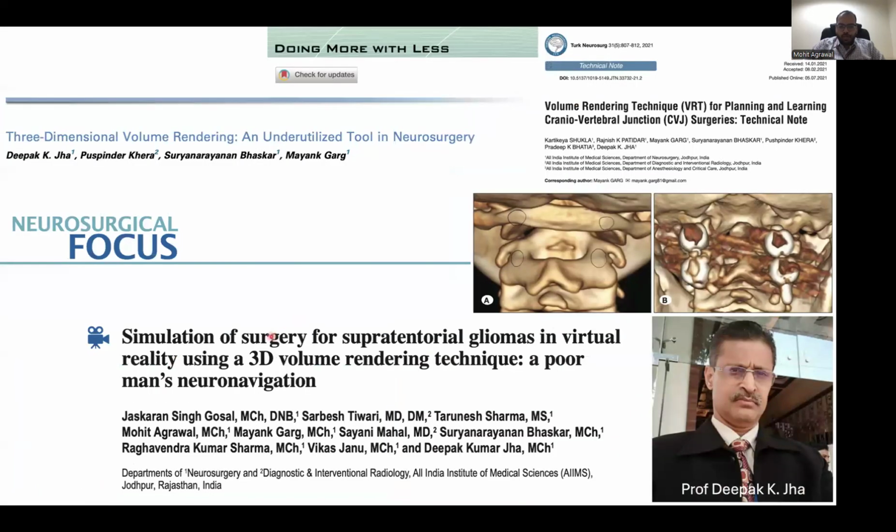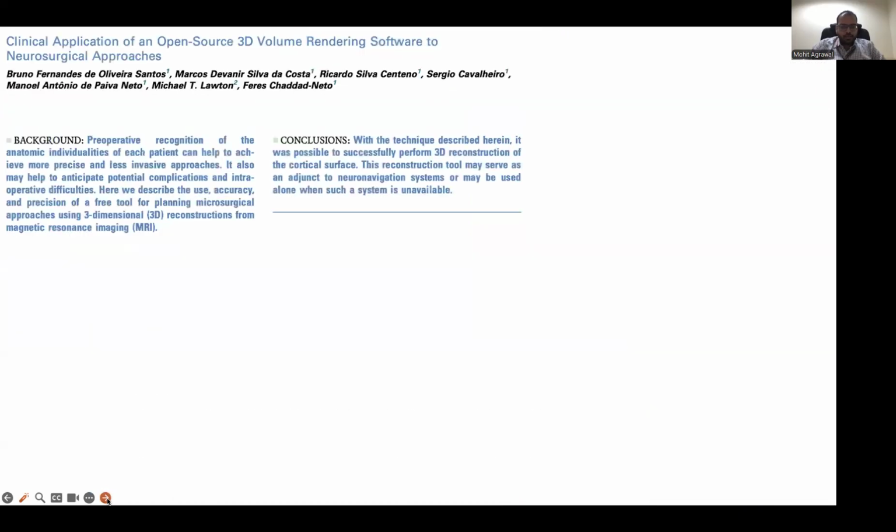Over the past few years, we have published numerous publications using this 3D volume rendering technique. And this is our head of the department, Professor Deepak Jha, who actually taught us this technique when we joined the department. If you search his name on PubMed, you will find numerous use case scenarios of this technique.